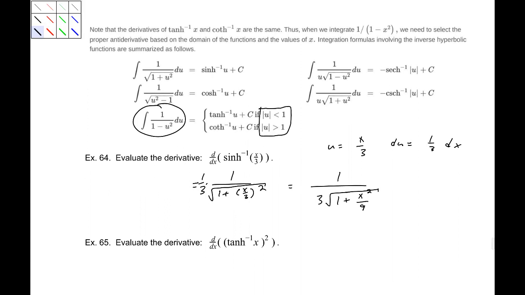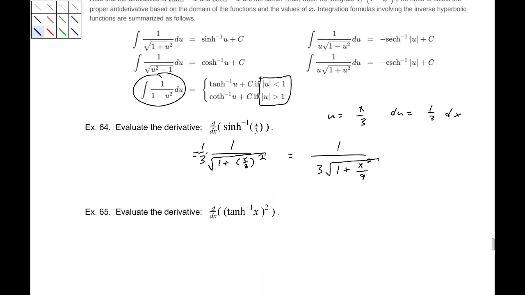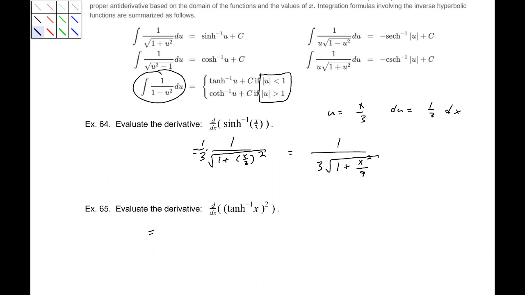All right, next for inverse hyperbolic tangent. We notice we have a chain rule as well, except the inside function is the inverse tangent. So this will be 2 times inverse hyperbolic tangent to the first power, times the derivative of the inverse hyperbolic tangent, which is 1 over 1 minus x squared.